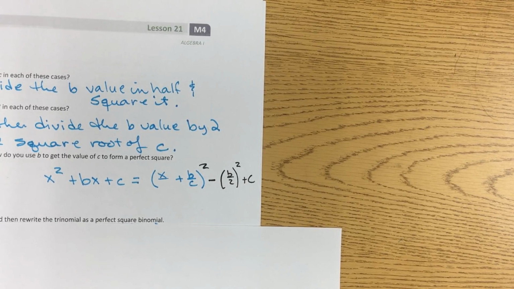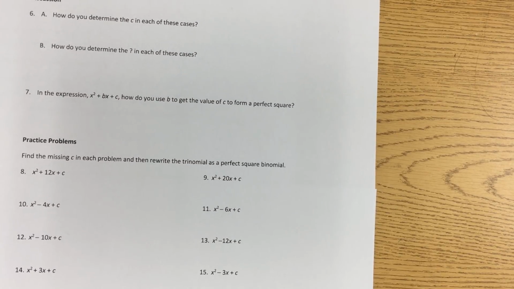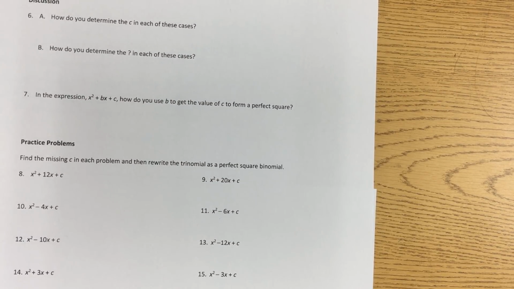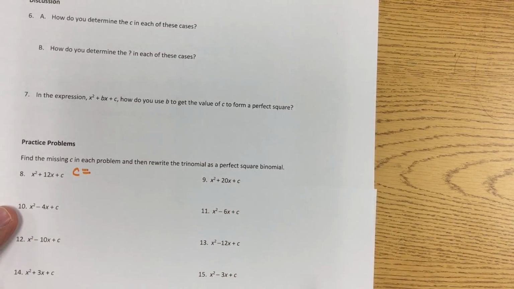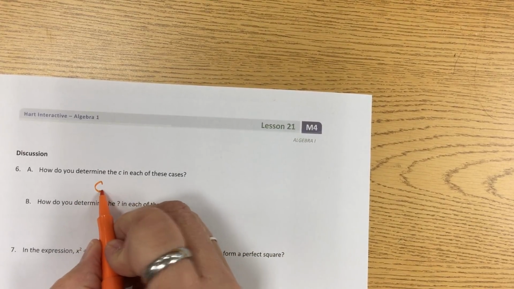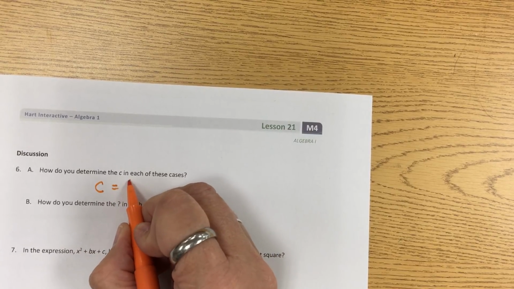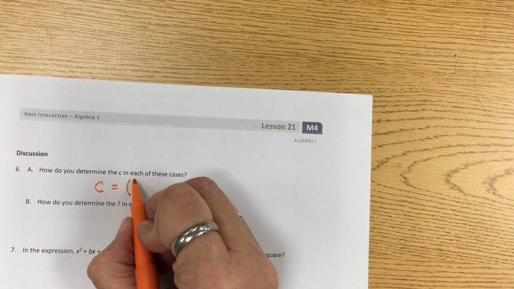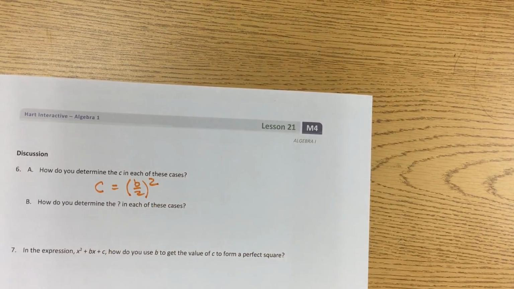So what I want to do right now is some practice problems. We're going to find C, and I'm going to use a different color to find C on this one. We just said a minute ago, in order to find C, that's the same thing as taking b, dividing it in half, and squaring it.